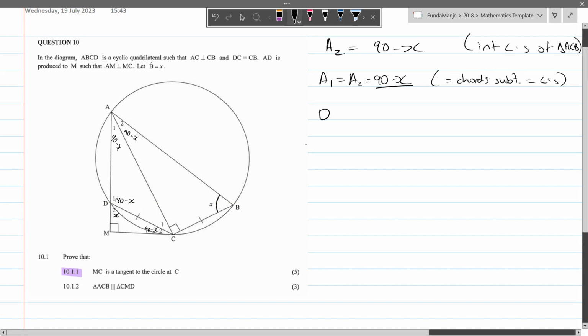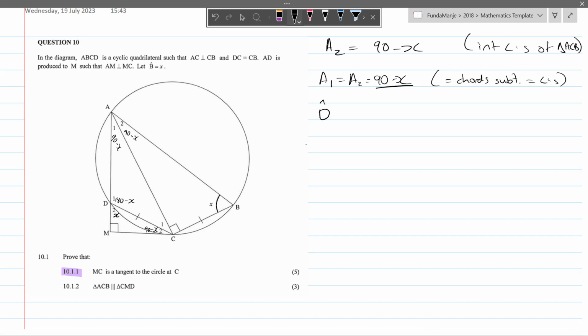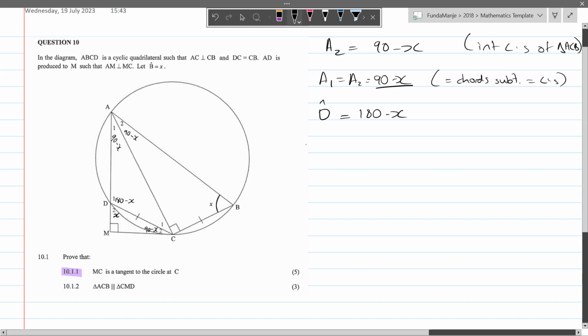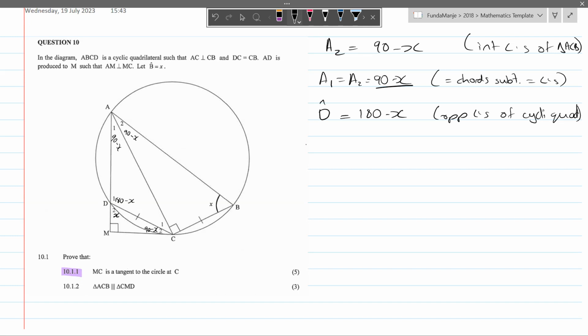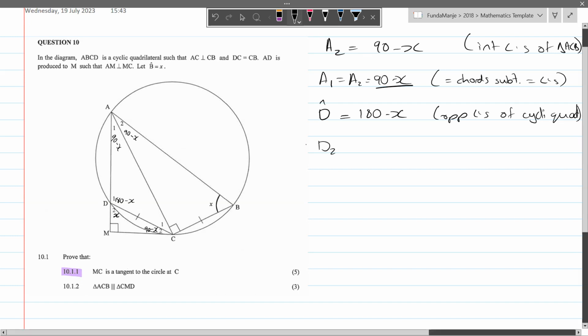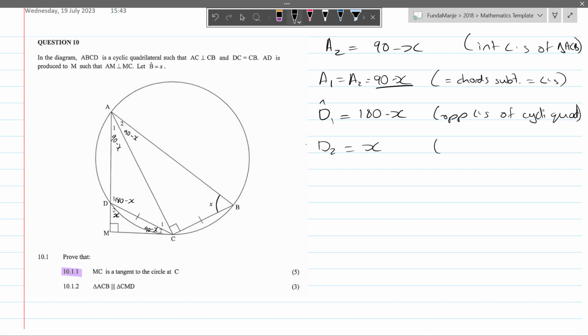Then we can say separately that D is equal to 180 minus X. This is opposite angles of cyclic quad. Then we can say D2, this was D1, would be equal to X, because this is angles on a straight line.